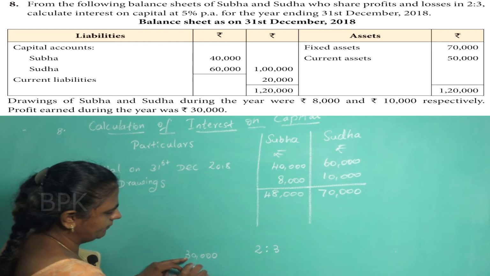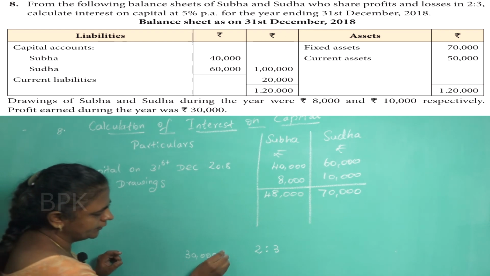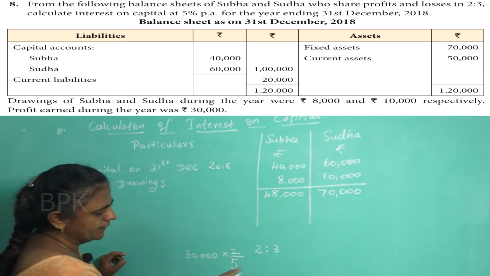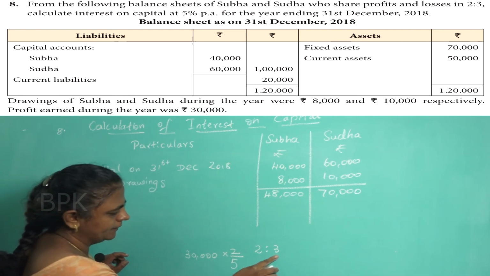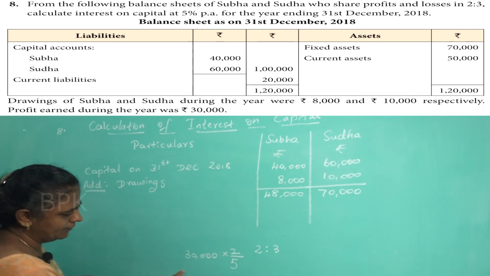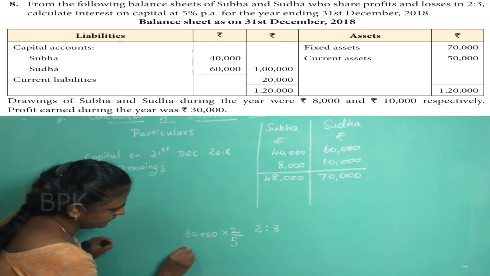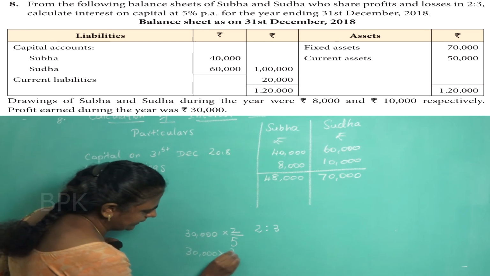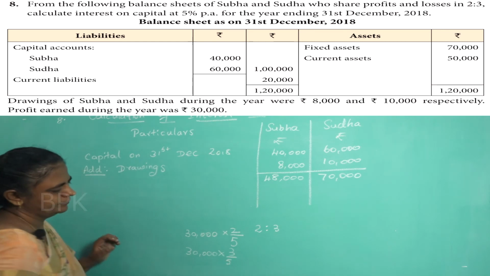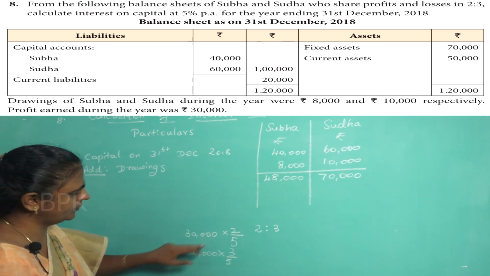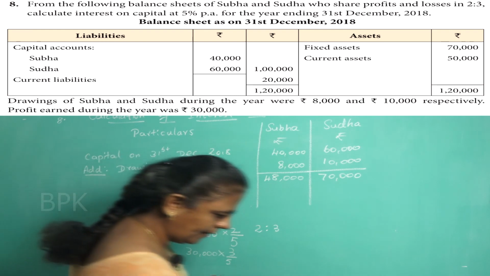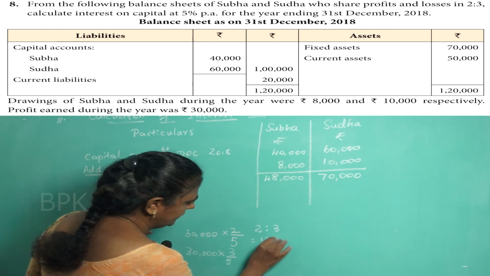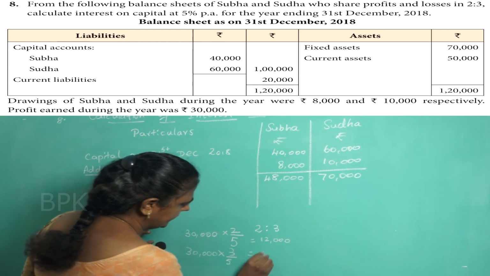For the first partner you have to calculate profit 30,000 into 2/5. From where did I get this 5? This 2 plus 3, both you add. And for the second partner, 30,000 into 3/5. Okay. So now you calculate the profit for both of them. For the first one it is 12,000 and the second one it is 18,000.